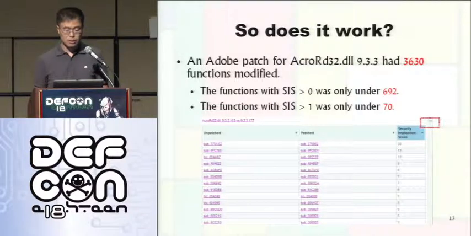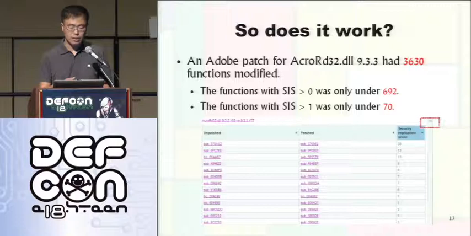It's almost impossible to go through every function to find the security patches. If you use SIS, the security implication score, the entries with score 0 number only 692, and the entries with score more than 1 number only 70. So you can save a lot of time and effort here.